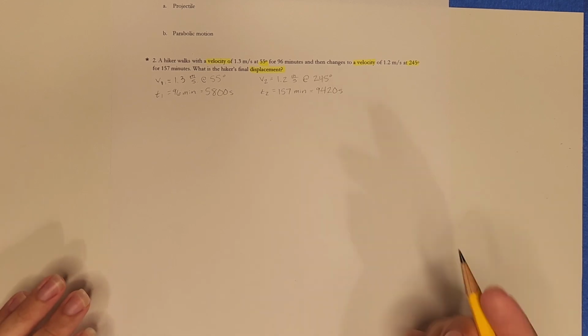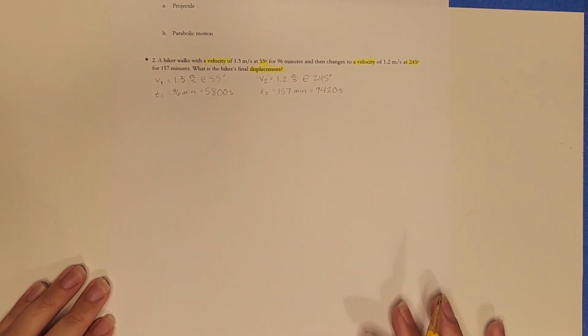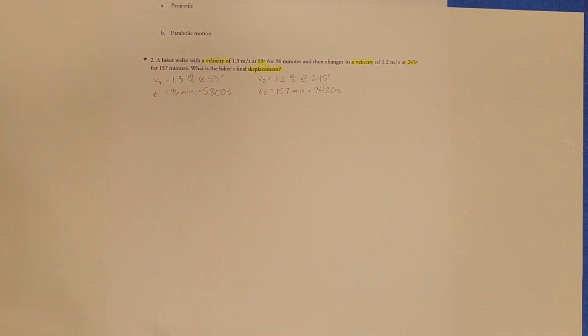This chapter is kind of nice because there aren't a lot of new equations and things that we have to learn. We're actually just learning to use what we've already been given in a different way.